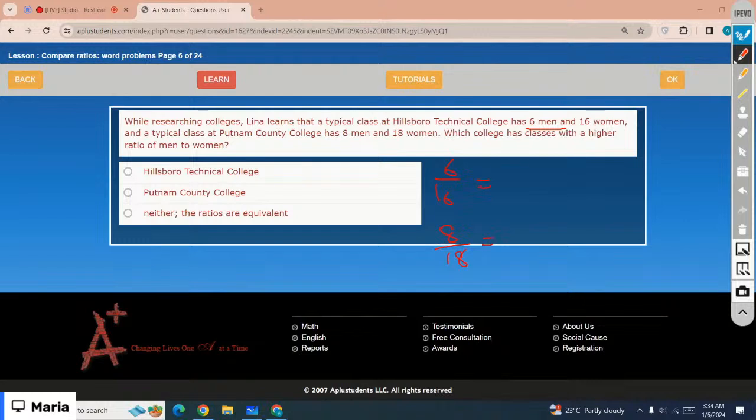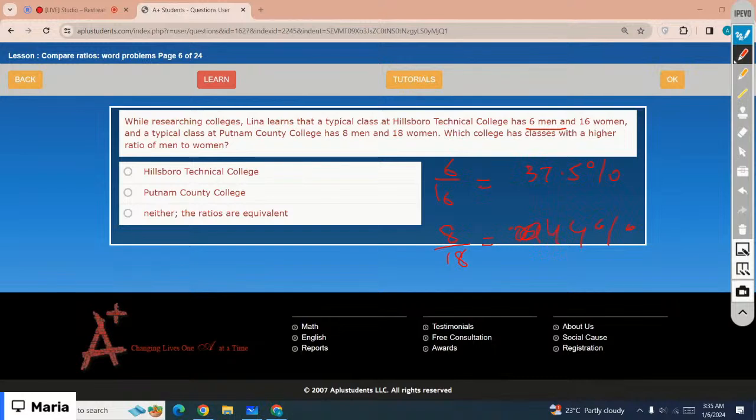So, just divide them, multiply by 100, and see the answer in percentage form, right? 6 divided by 16, that is 37.5%, and 8 divided by 18 is 0.44, that is 44%. The correct option is who has the higher ratio of men to women.